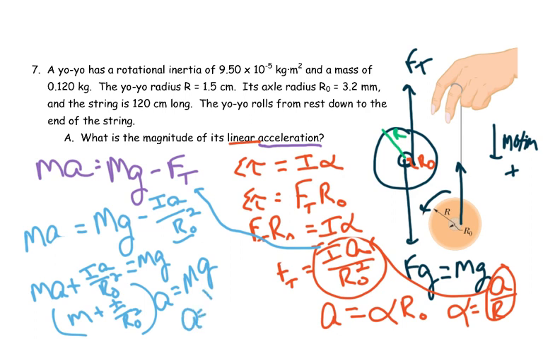So your linear acceleration is the weight or the gravitational force on the yo-yo divided by its mass plus its rotational inertia divided by that radius squared. And now it just becomes a plug in of your given information.